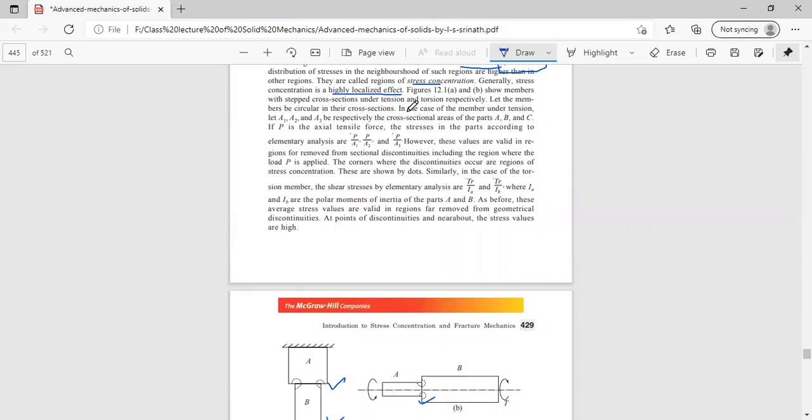Let the members be circular. Let us consider that we are not considering other types of cross-section, but at this point we consider the circular cross-sectional members itself.